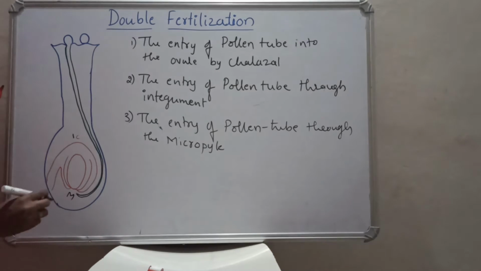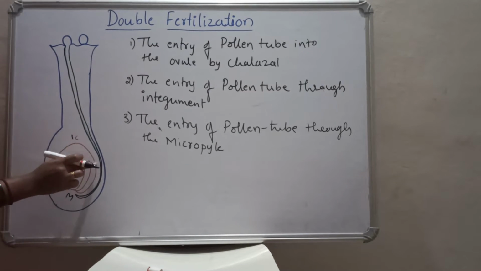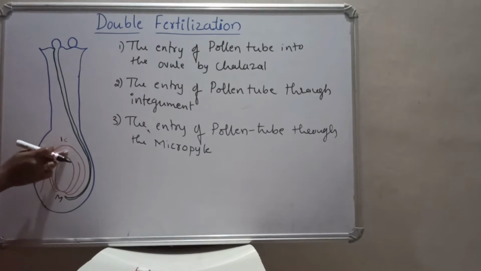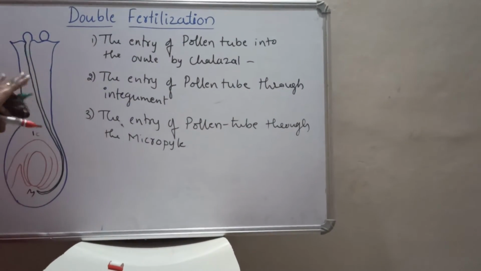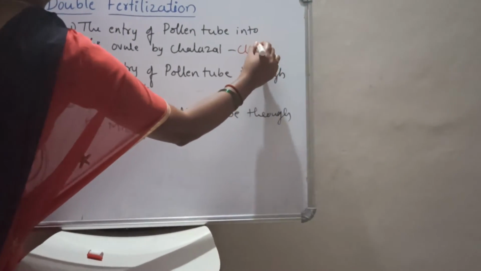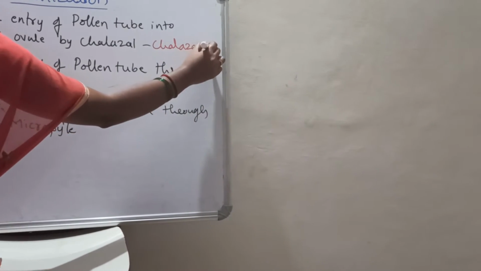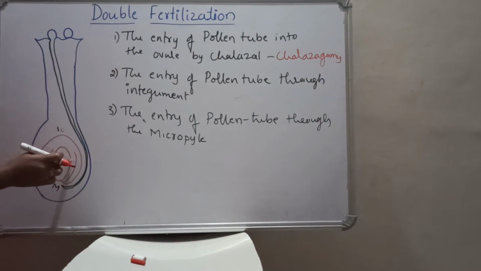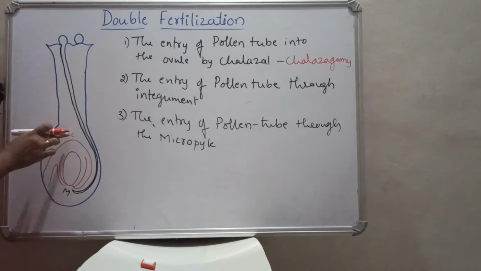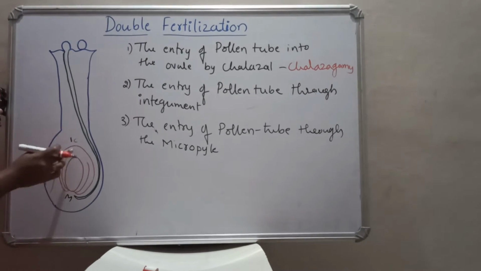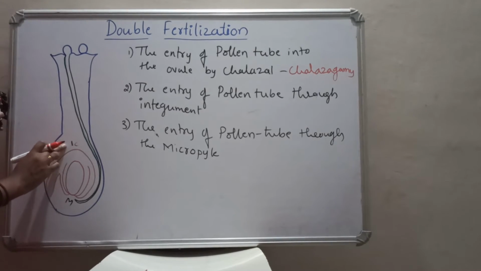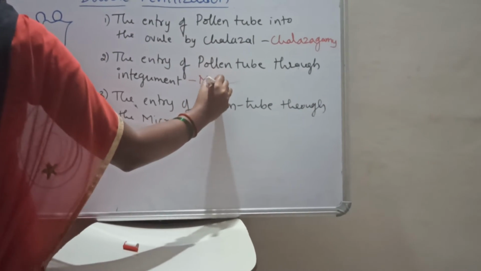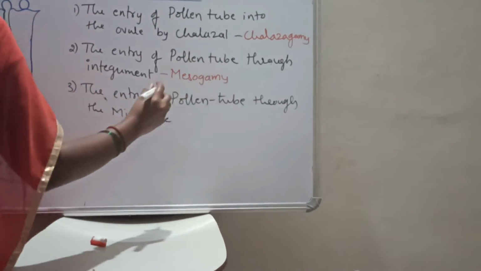If the pollen tube enters through the chalazal region, it is called chalazogamy. If the pollen tube enters through the integuments, which lie between the micropylar region and the chalazal region, it is called mesogamy.